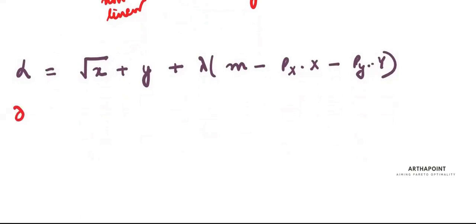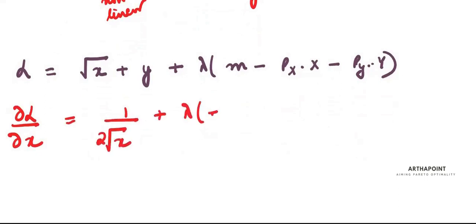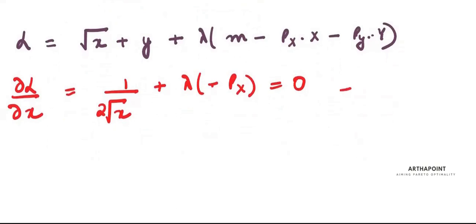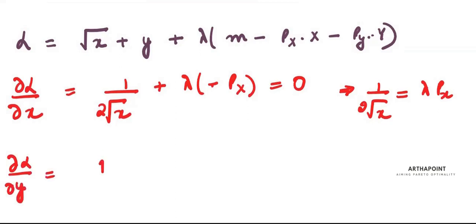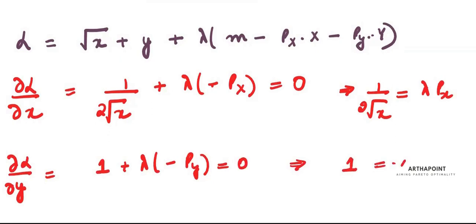So now you differentiate this with respect to x. You will get 1 by 2 root x plus lambda into minus px is equal to 0. So from here, your first equation will be 1 by 2 root x is equal to lambda px. You differentiate this with respect to y and you will get 1 plus lambda into minus py is equal to 0, which means you will get 1 is equal to lambda py. This is equation 1, equation 2.